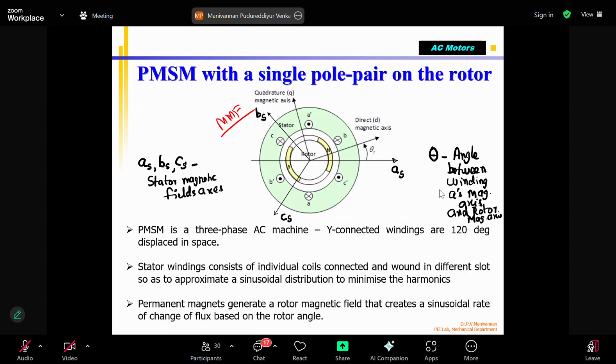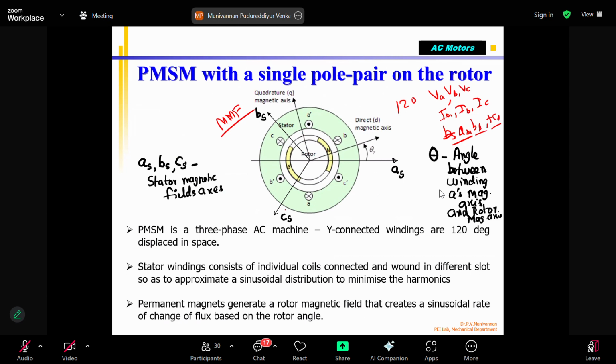It is 120 degrees because the 3 phases total 360. So the voltages VA, VB, VC and currents IA, IB, IC, and similarly the flux axes we call AS, BS, and CS. These are the magnetic flux axes, MMF axes, also separated by 120 degrees.